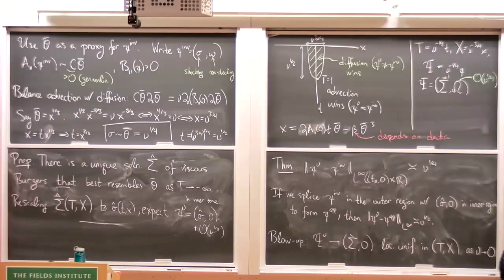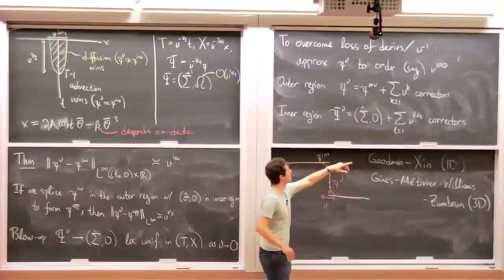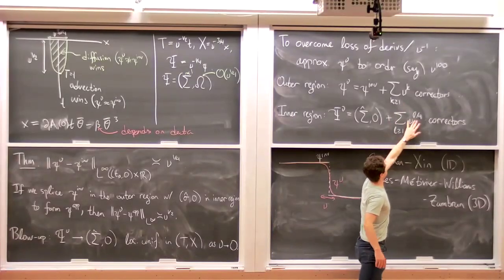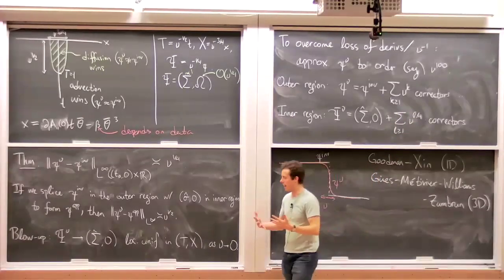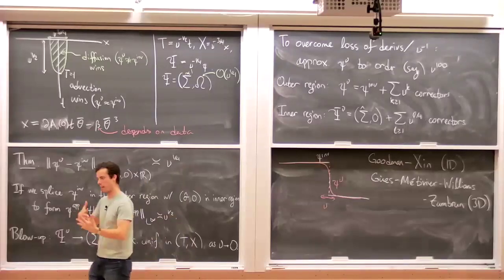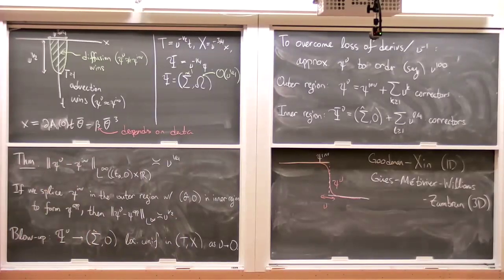It's really matching the inner and the outer problem that gives us massive headaches and causes us to introduce a third expansion that's doubly indexed by both this parameter and this parameter, and is valid in an intermediate region and allows you to paste the two together well. I'm not going to go through it. But I want to mention the principal new difficulty that arises when you're studying a system of equations, as opposed to just studying Burgers, just a scalar problem.